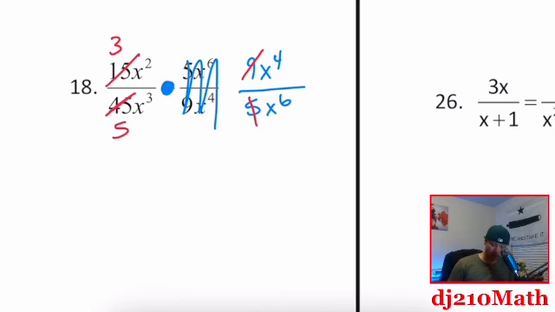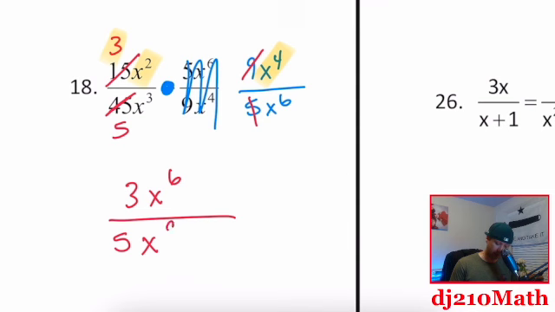So let's combine these ideas. 3 is left, x squared, x to the 4. So really, what do we have? We have 3 x to the 6 over 5 x to the 9, because you add the exponents when you multiply, 3 plus 6 is 9.